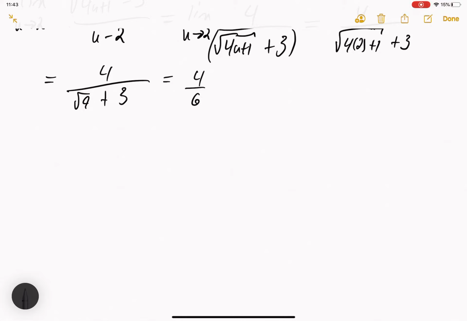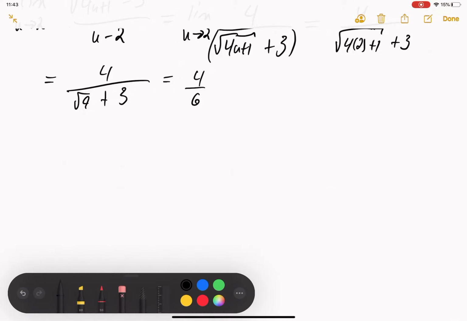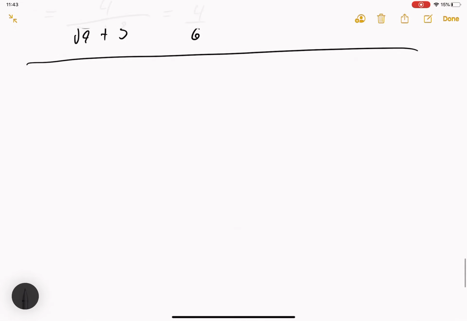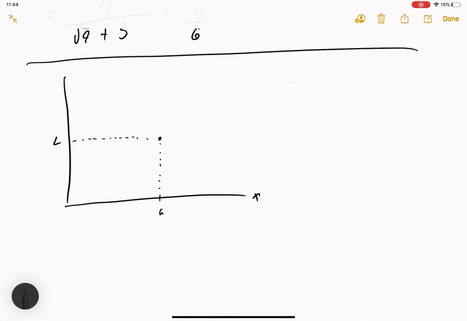So what would happen if we have the case, let's just say we have the graph of a function. Let's call this point A, and just say it's right here, and then call this y value L. This will be x, and this will be y.